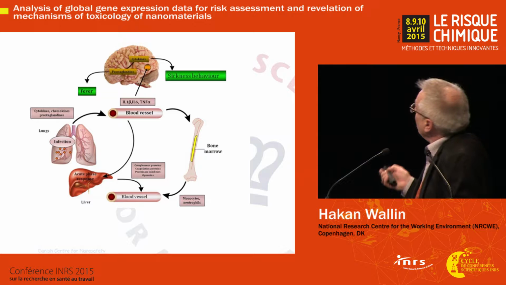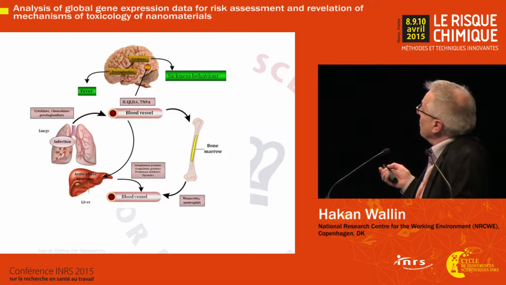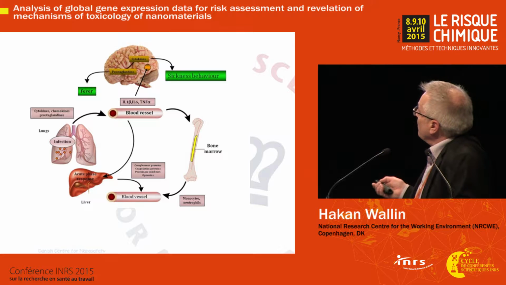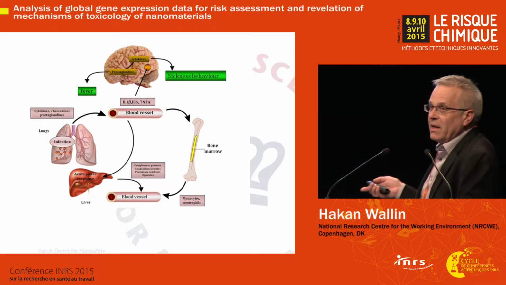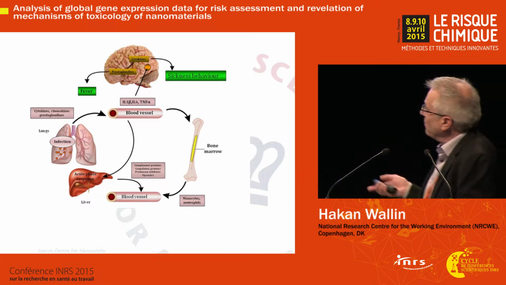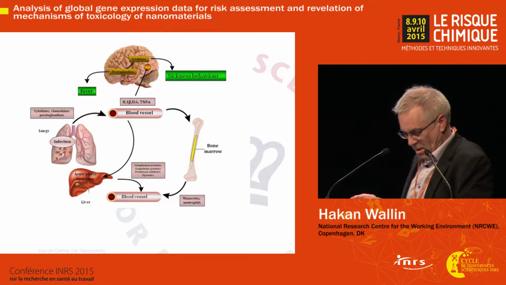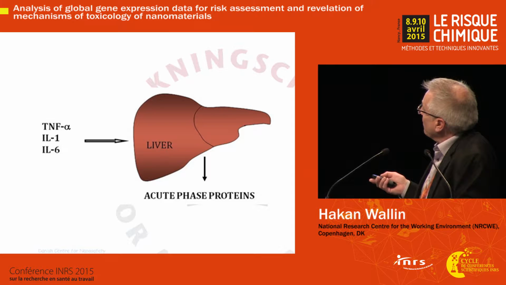You get a release of interleukin cytokines into the circulation. Now this reaches the liver. And the liver responds to this, and you get release of the acute phase proteins from the liver, which is the major site for production of CRP and other acute phase proteins.